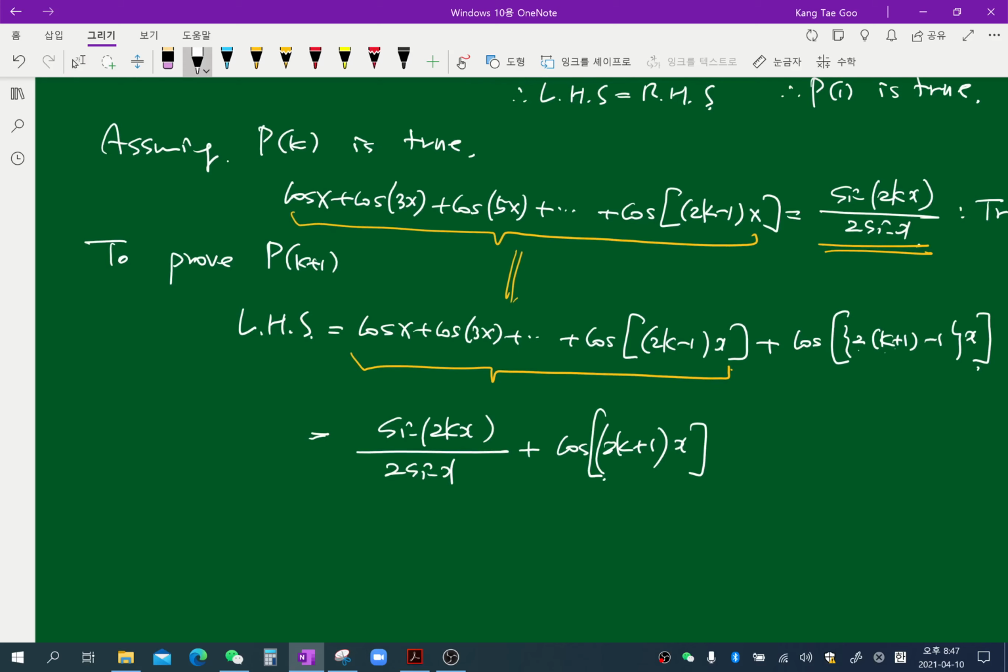And then what we need to reach at the end is sine of 2(k plus 1)x over 2 sine x. That is our goal to achieve, right? On the right hand side.